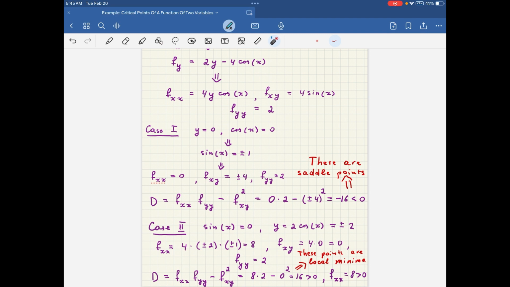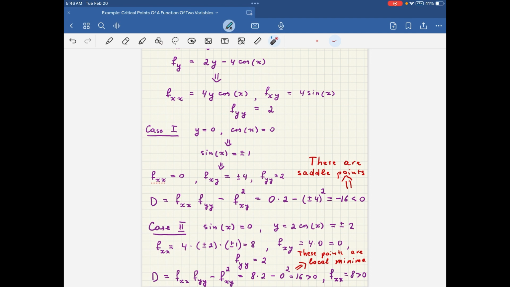The mixed partial derivative, which is 4 times sine x, will come out to be equal to 0. Fyy is equal to 2. We compute the discriminant: 8 times 2 minus 0 squared. This is 16. This is positive. And also, let's note that the second order partial derivative of f with respect to x both times is also positive. fxx is equal to 8, positive.